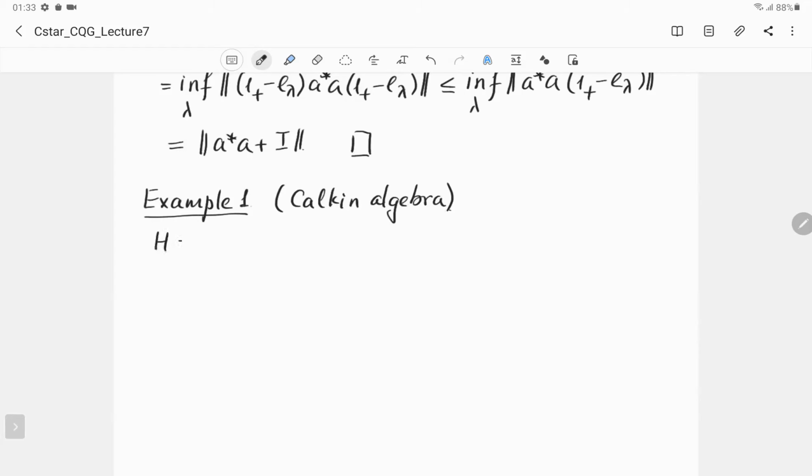So suppose that H is a Hilbert space, and let script Q of H denote the quotient of B of H, the algebra of bounded operators on H, modulo the ideal of compact operators. Well, we know that the compact operators form a closed two-sided star ideal in B of H, so the quotient is a C-star algebra.